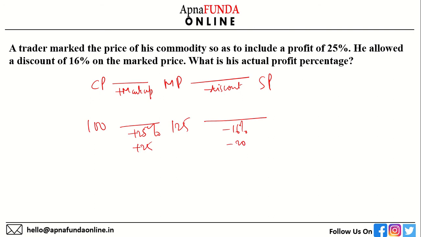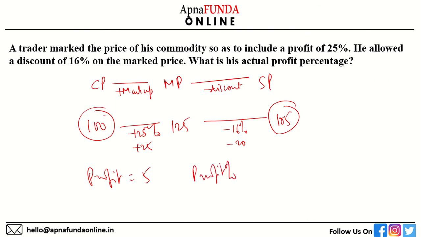Selling price becomes 105. Cost price is 100, selling price is 105. So profit is equals to 5, and profit percent is equals to 5 by 100 into 100, which is 5%. I hope you have solved along with me. This is the answer that you must have also got.